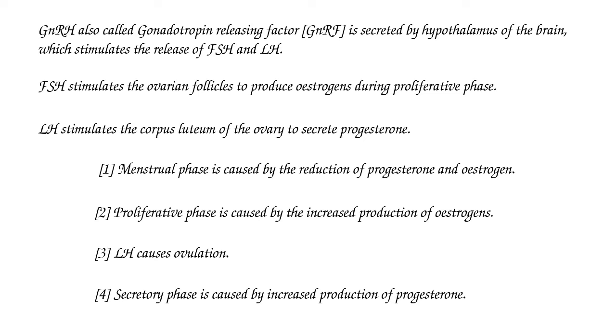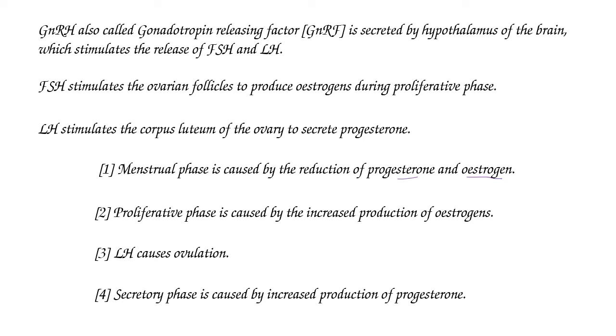Now, menstrual phase is caused by the reduction of progesterone and estrogen. These points are very essential in this hormonal control. So menstrual phase is caused by the reduction, that means less production of progesterone and estrogen.